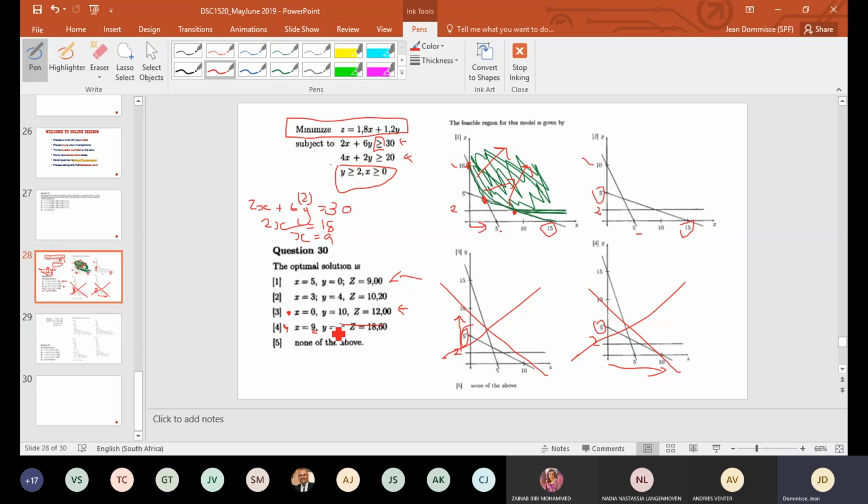So that one would not be an option. Okay, so let's look at x5, y0. Okay, so that is not even, so x5, y0, so that point is actually not a point that is part of the feasibility area, so that wouldn't have worked. So I would have been wrong if I just call it that one.